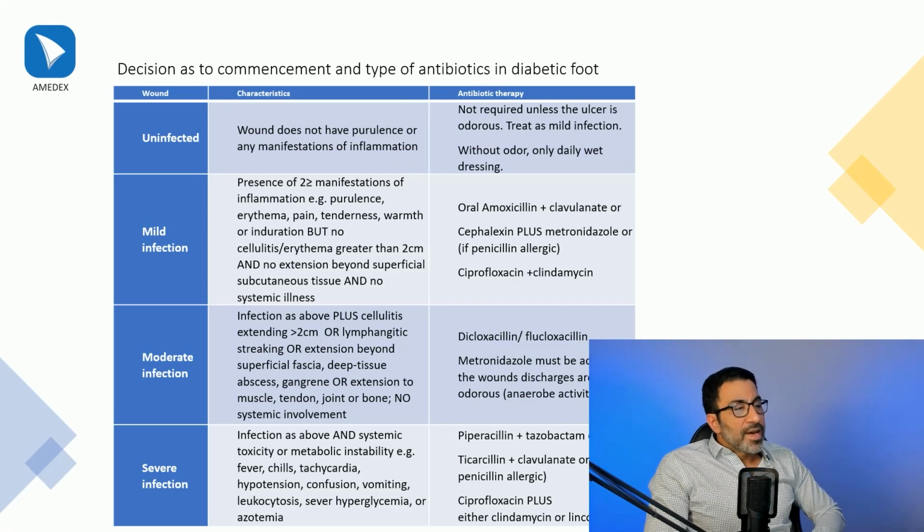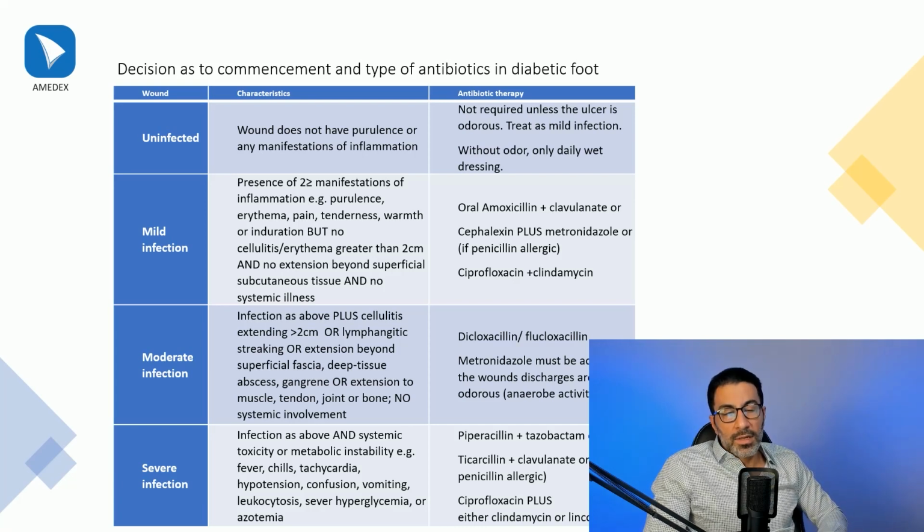So for mild infections, what we recommend is oral amoxicillin plus clavulanate or cephalexin plus metronidazole. If the patient is penicillin allergic, I'm going to give them ciprofloxacin plus clindamycin. Just memorize them, learn them by heart.